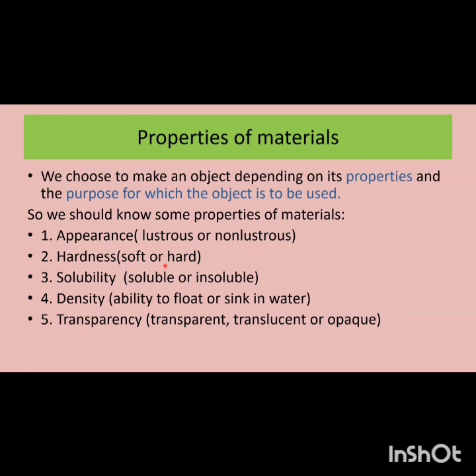Includes soft or hard. Number 3, solubility includes soluble or insoluble. Number 4, density includes ability to float or sink in water. Transparency includes transparent, translucent or opaque. So let us discuss one by one.